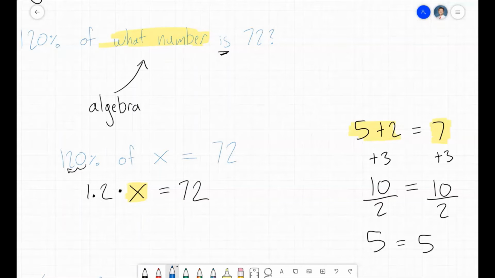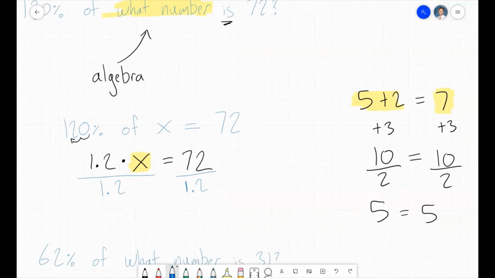Now our goal is to do the opposite. We want to undo this multiplication here. In order to undo that, we're going to do the opposite of multiplication, which is division. So if we divide by 1.2 on both sides, that would leave us with x equals 72 divided by 1.2. So let's look at that.